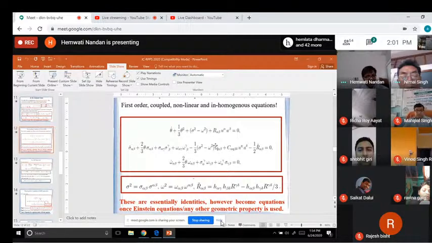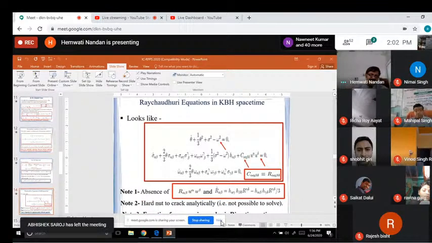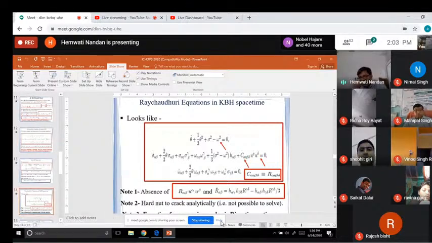So we say this Ricci tensor piece has gone, so it's Ricci flat. And by using this geometry, these equations now reduce to this form. You can see again there are three equations for these kinematical quantities, and you can immediately notice that in the first equation this piece has gone, this R_αβ u^α u^β. But in the second part, there is still the Weyl tensor sitting over there, and they are actually coupled equations.